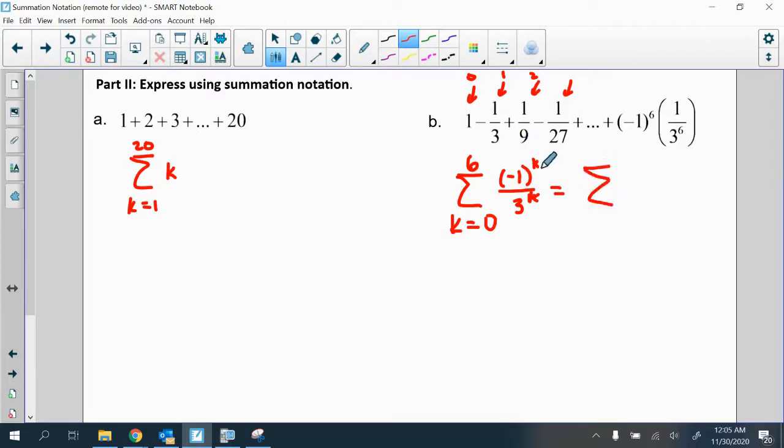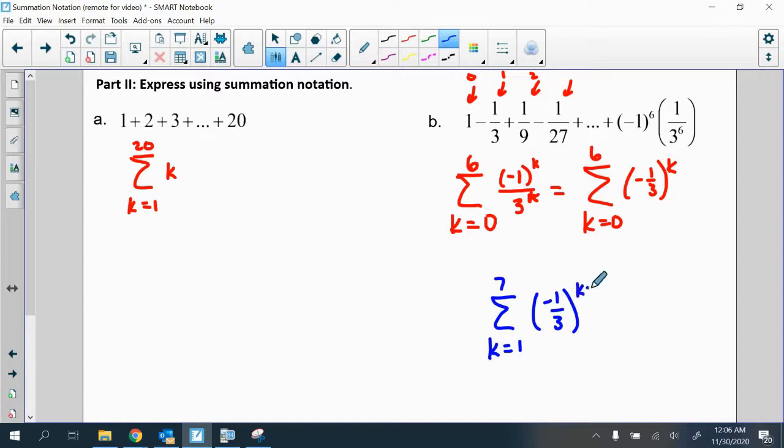I could also write it, since both the numerator and denominator have the same power, as negative 1/3 to the k, and that would work out okay also. Now, is it all right if I write the sum from k equals 1 to 7 of negative 1 to the k minus 1 over 3 to the k minus 1?